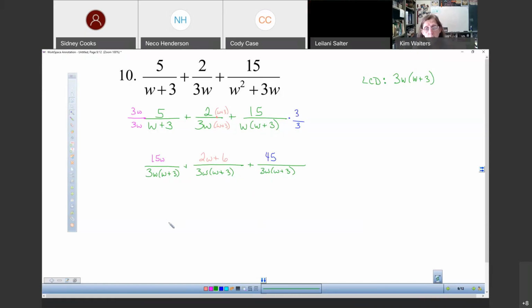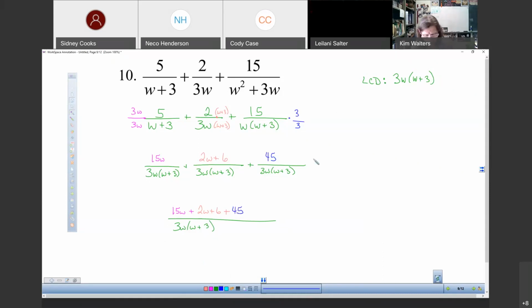My common denominator is 3W, W plus 3. Don't multiply that together. That's our greatest thing we want to do, is multiply things together. Don't do that. I'm going to write all the pieces. So I have 15W plus, then I have my numerator for my second fraction, 2W plus 6 plus, and then my numerator for my last fraction is 45.